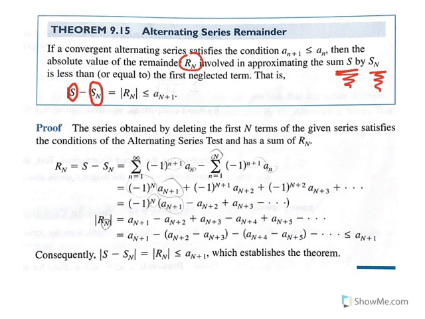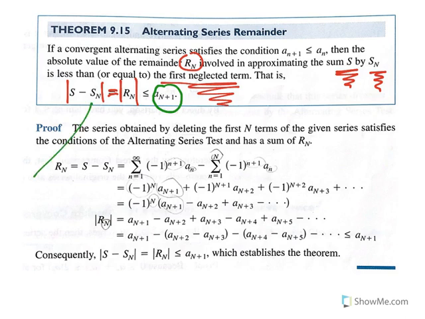The absolute value of that difference is called the absolute value of the nth remainder. And according to the alternating series remainder theorem, that is going to be less than or equal to the first neglected term. So how do we know what the first neglected term is? It is a sub n plus 1.